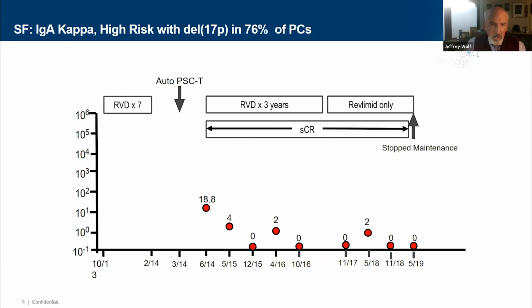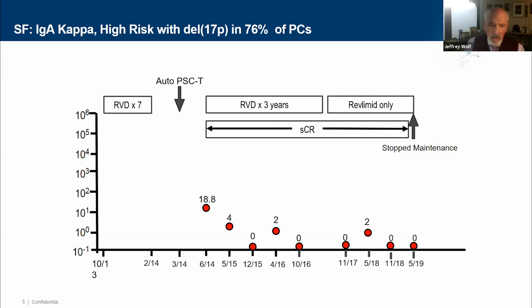This is another case, a similar case, in which I had a patient with high-risk disease, deletion 17p. We tend to give, after transplant, triplet therapy. This patient got Revlimid, Velcade, dexamethasone for many, many years, and then Revlimid for many years. And after 5 years, was just so tired of therapy, she began to ask if she couldn't finally stop therapy. And I had been measuring MRD in her, and you can see that early on, after the transplant, she had 18.8 cells in a million, dropping to 4, and then 0.